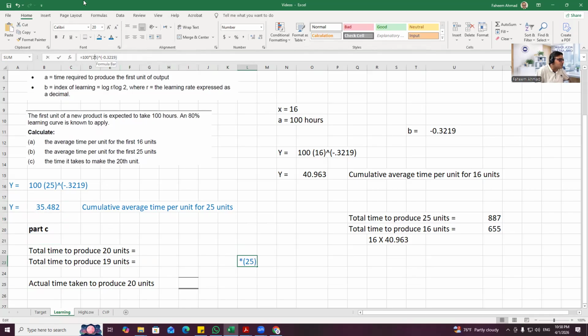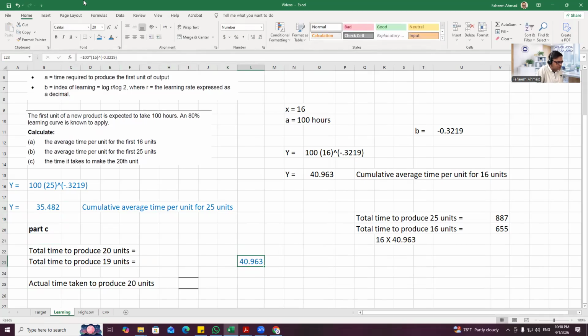Here, rather than 25, I will be using 19. So I got this, and then the same formula, but this time I'm going to use X as 20. So I got this. So this is average time.